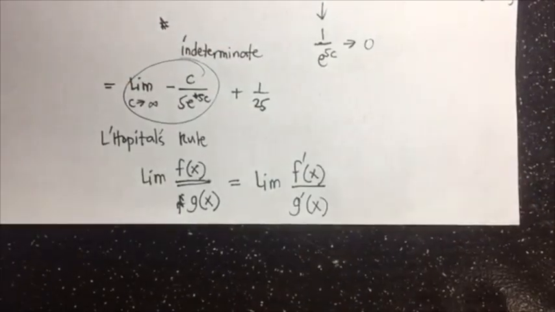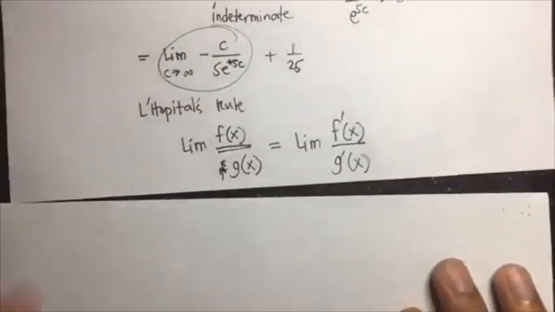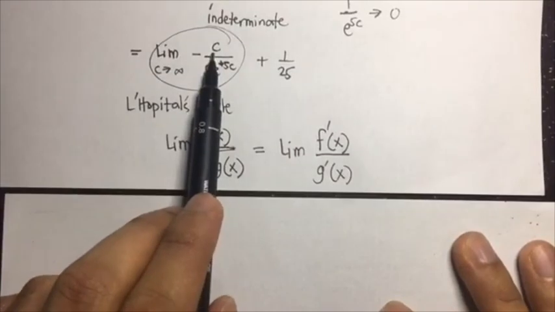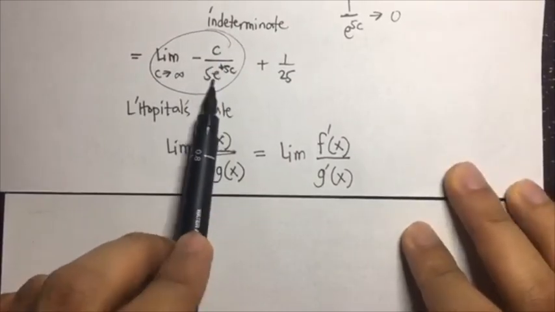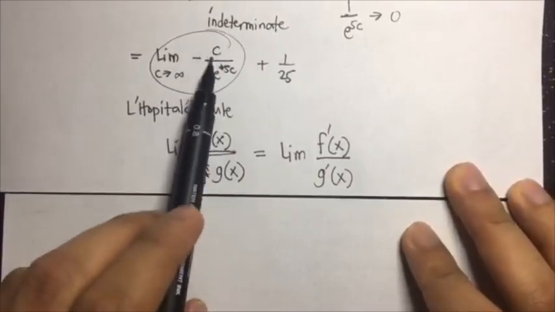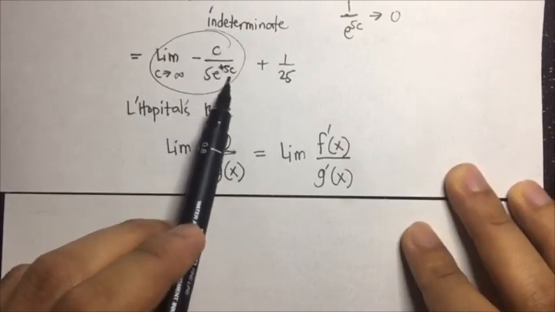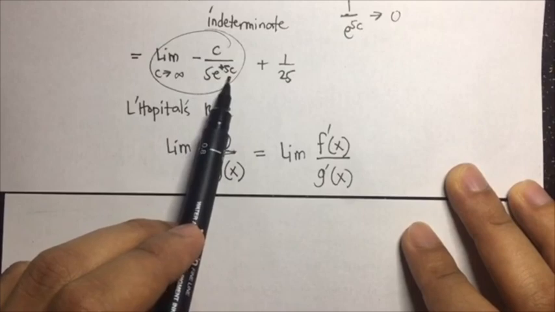So all we need to do is derive the numerator and then derive the denominator. In this case, since our variable is c, we will derive the numerator with respect to c, and the denominator with respect to c.